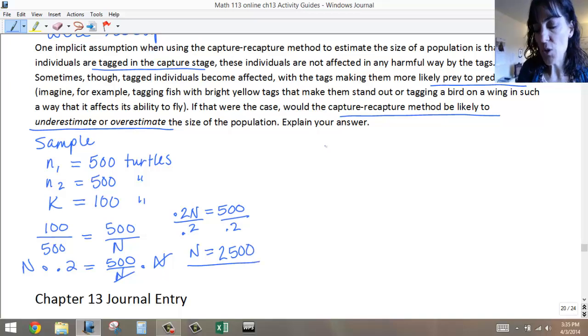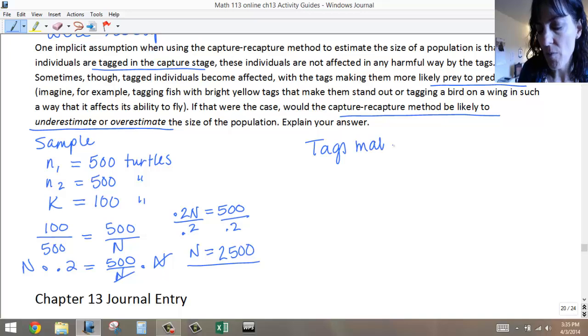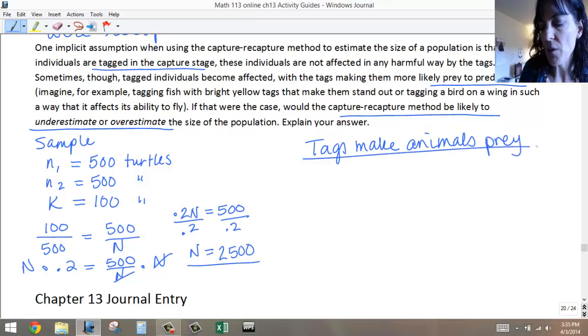So now let's do the tags. Make animals prey. So they make them too obvious, and so several of our animals die. So what's going to happen is our N1 is still 500.